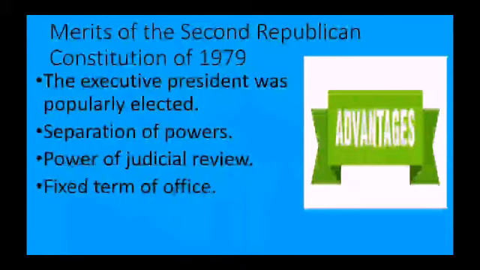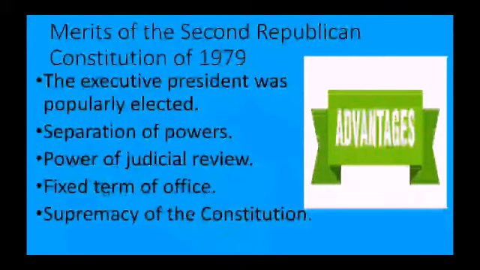Again, there was the supremacy of the Constitution. The Constitution was supreme since the president was answerable to the people. So if he does anything outside the Constitution, definitely the people will hold him accountable.